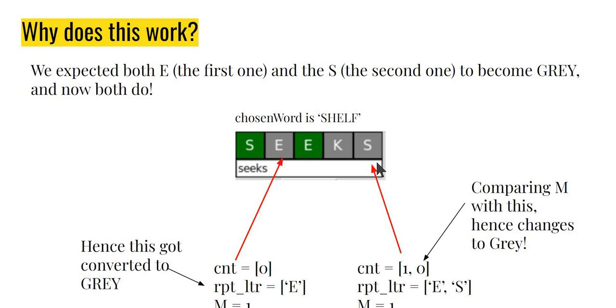When it came to S, I found that S is not part of this list, so I went and appended S. So my repeat letter became E and S. Notice, however, my count has become 1 and 0, because the first S is being encountered, zero times before, and there has been one E before, which has been captured from here. But the point is, I'm comparing 1 to this 0 now, and that's what is happening because of the indexing, and hence I convert this to gray.